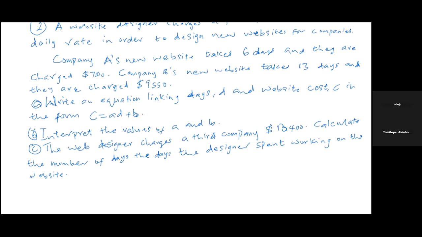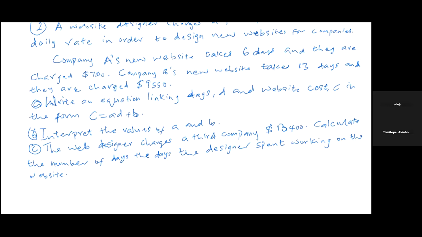So have you completed the question? Yes, sir, I finished writing down the question. Do you have an idea of what to do? Write down an equation linking the days and cost. The website designer charges a flat fee and then a daily rate. What does that connote?